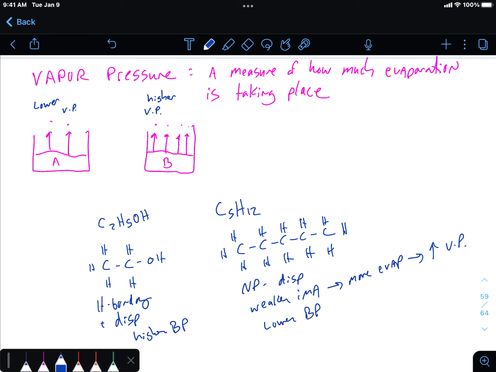So what is the relationship between vapor pressure and strength of IMAs? So opposite. If one goes up, the other one goes down, right? So vapor pressure is inversely related to intermolecular attractions.